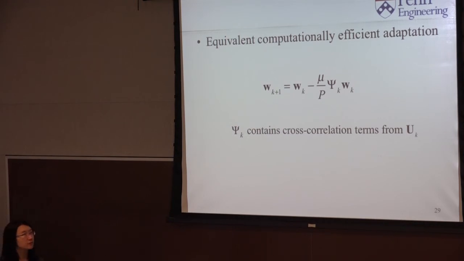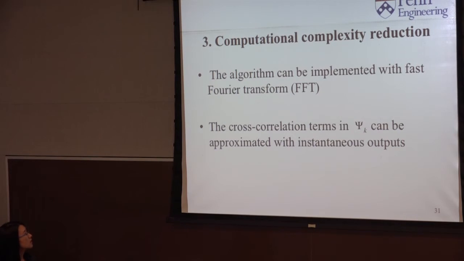A further thought is, could we reduce the computational complexity even more? And the answer is yes. There are two ways to do this computational complexity reduction. The first is to implement the algorithm with the fast Fourier transform. Another is to make some approximation of terms in this phi matrix.